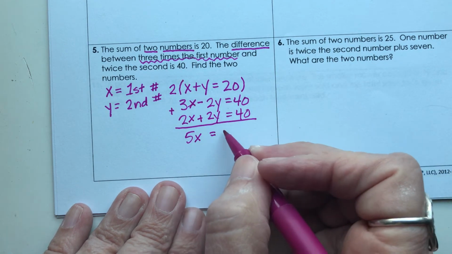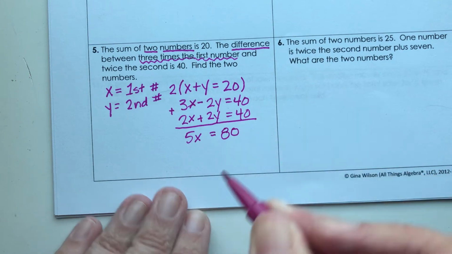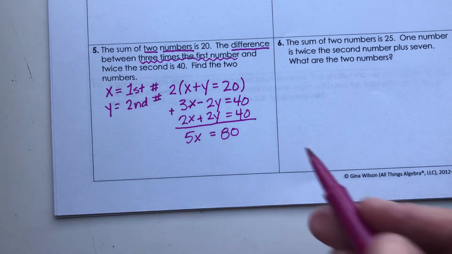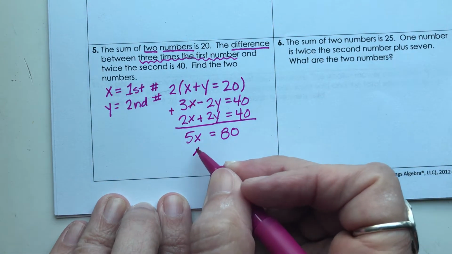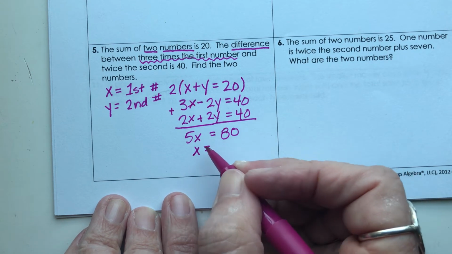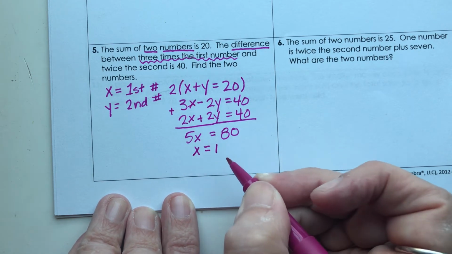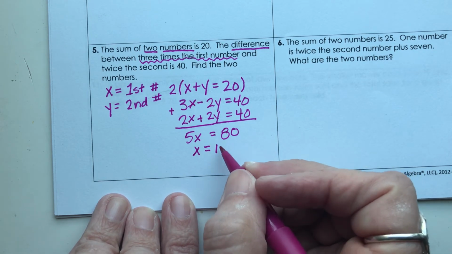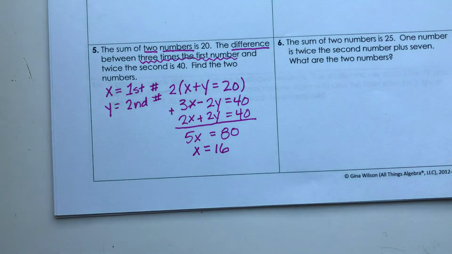And 40 plus 40 is 80. Good thing we weren't subtracting there, otherwise I'd have a 0 over there. So now I just have to divide both sides by 5. 5 goes into 8 one time, 8 minus 5 is 3, that'd be 30, it goes in there. So x is 16.